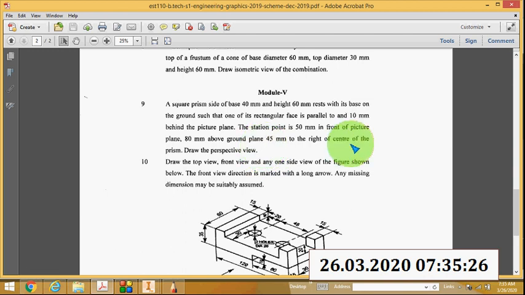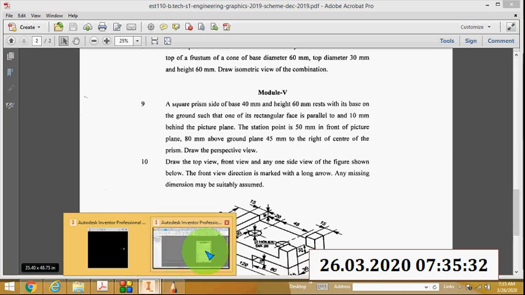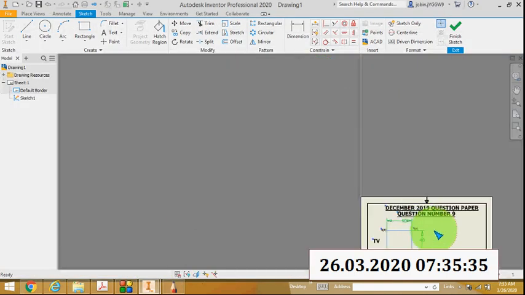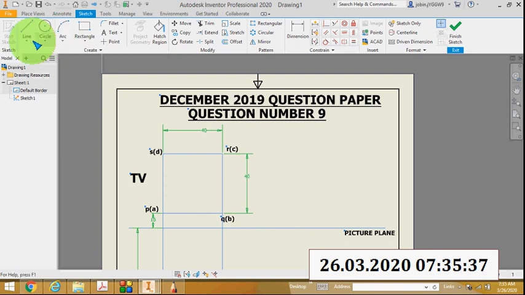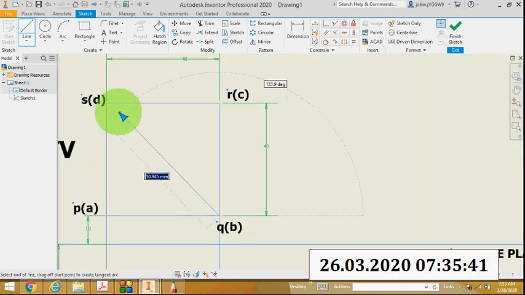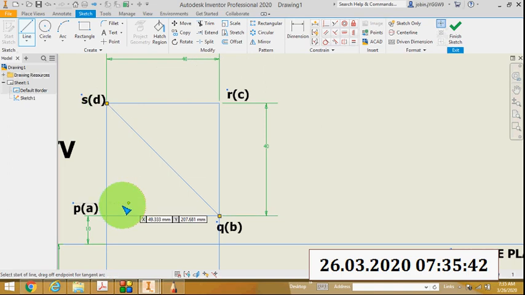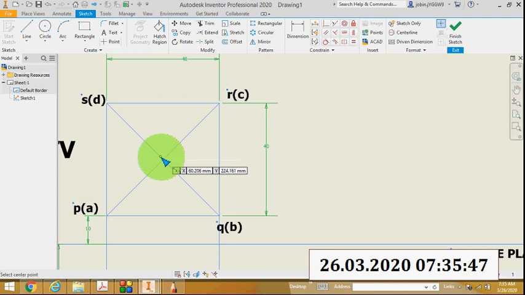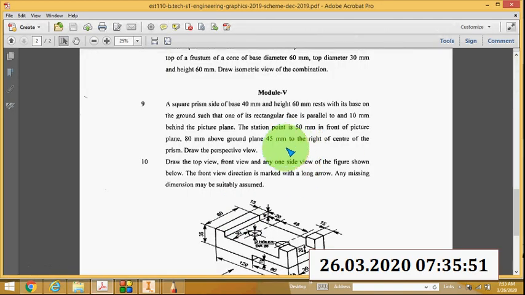So central plane is where the station point is: 45 mm to the right of the center of the prism. First you find the center of the prism. For finding the center of the prism, draw the diagonal, and you will get the center. From the center to the right side, 45 mm.